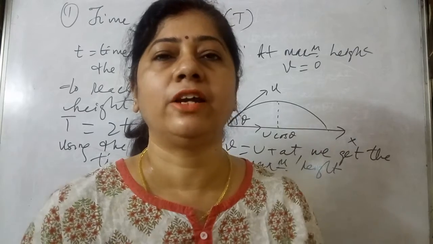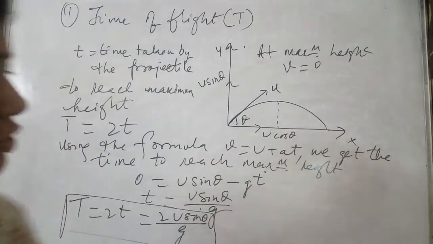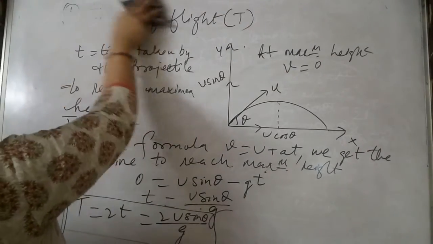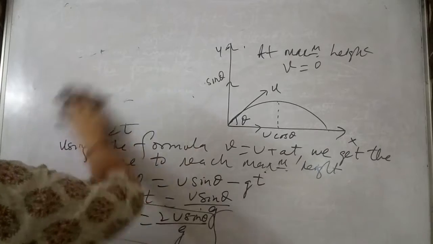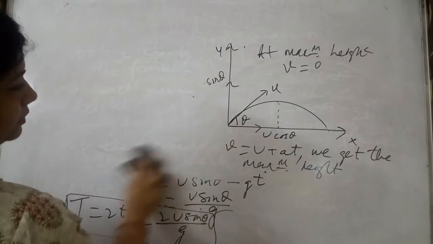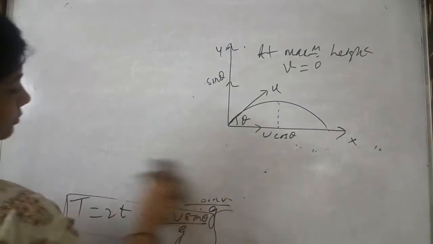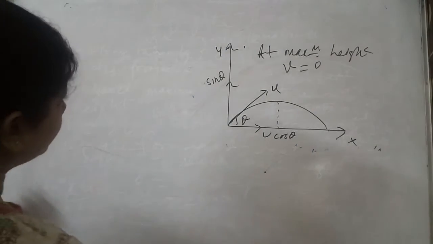Now let's find out the maximum height. I hope you have got it. The time taken to reach maximum height is u sin theta by g. Next, let us find out the maximum height. We'll take the same figure and the same condition: at maximum height, the final velocity is 0.